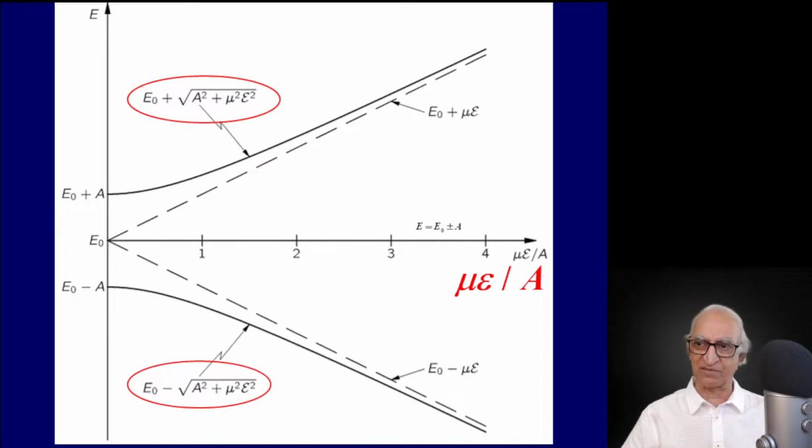There is no electric field. If I now apply an electric field, these two levels will change as given by this expression, E0 plus or minus the square root of A squared plus mu squared E squared, where mu is the dipole moment and curly E is the external electric field.